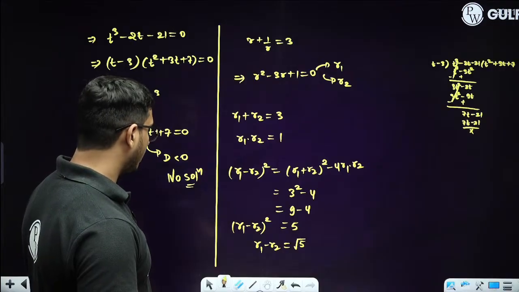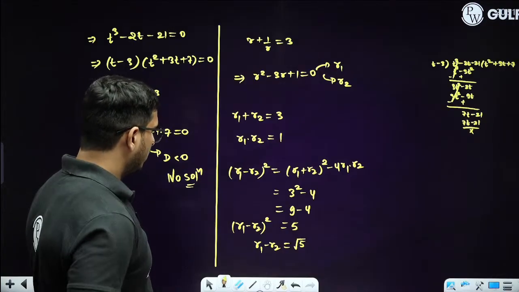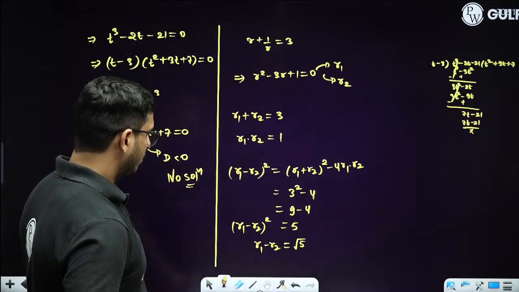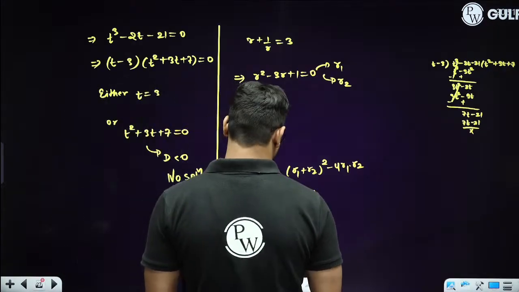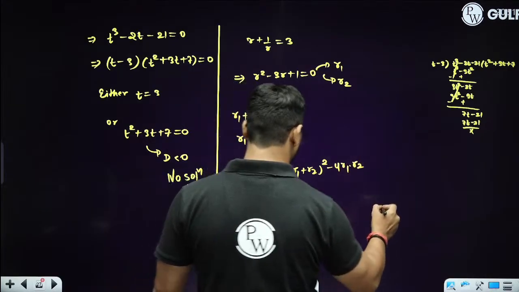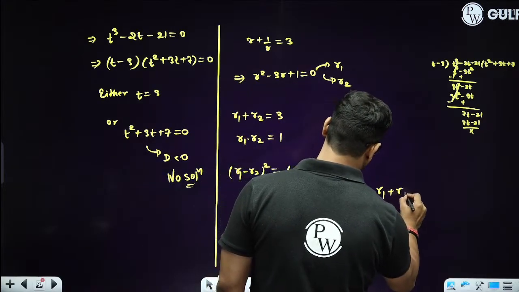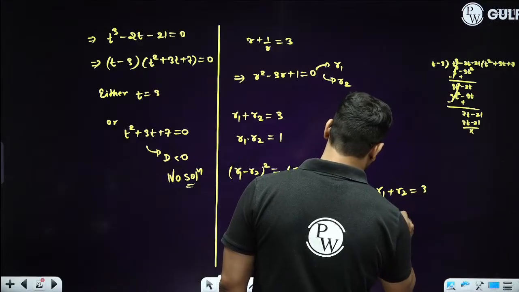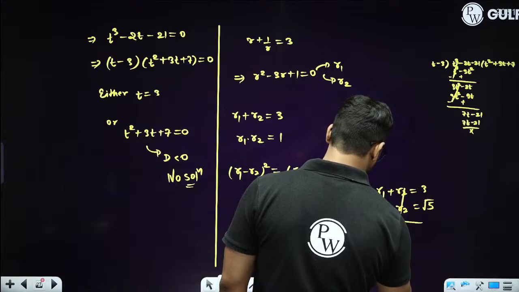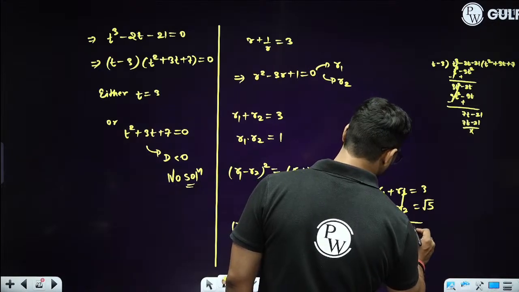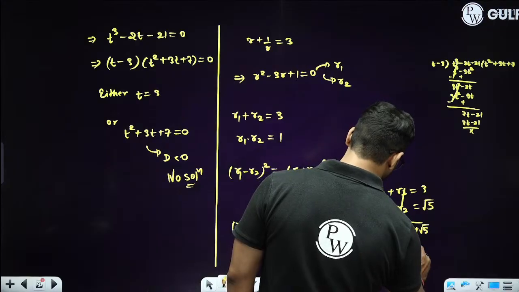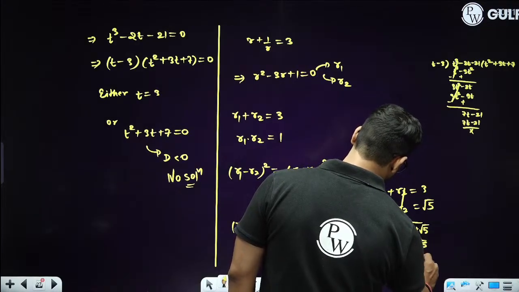So we can find r1 minus r2, and the answer is root 5. So r1 plus r2 equals 3 and r1 minus r2 equals root 5. This gives 2r1 equals 3 plus root 5, r1 equals (3 plus root 5) by 2.